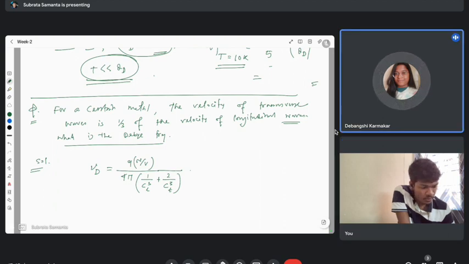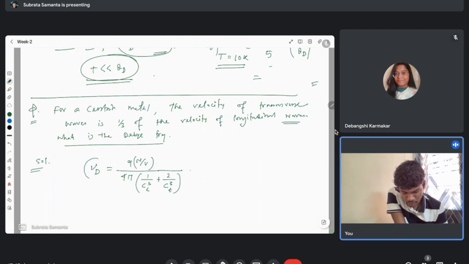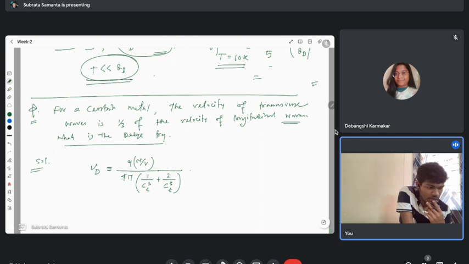What is the cube? This is just the Debye frequency nu D. I think there is no cube. Let me check. Just a minute.